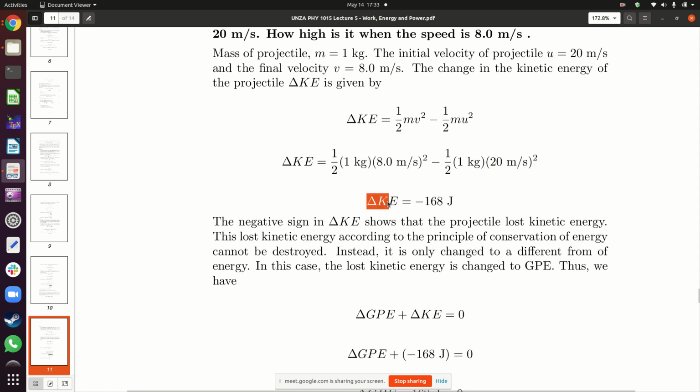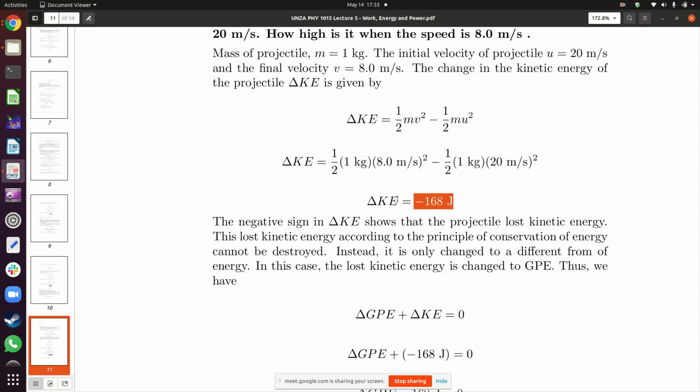In this case, your change in kinetic energy is going to be equal to minus 168 joules. This minus is telling you that this object lost kinetic energy in the process of getting up to whatever height this was.